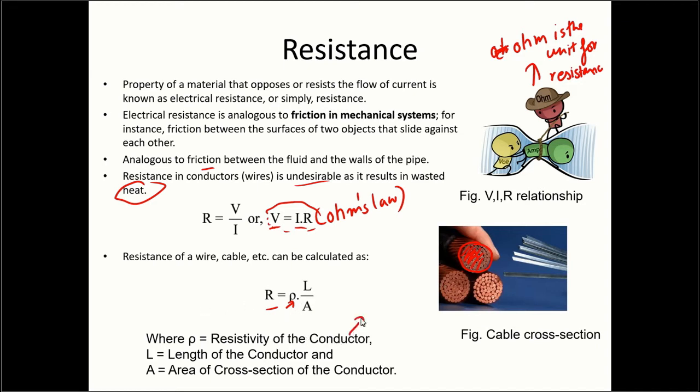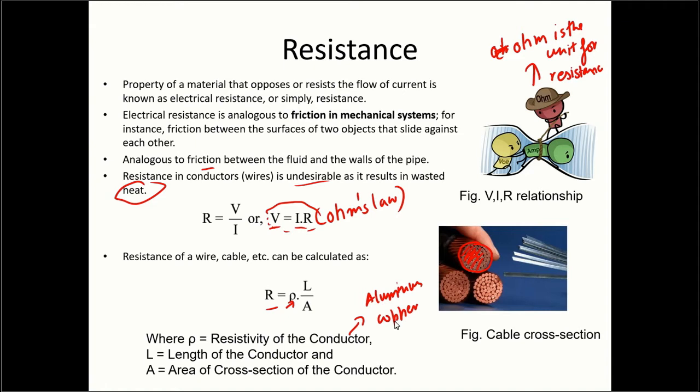Typically, conductors are made up of aluminum, copper, and silver. Even though it's expensive, silver has better conductor properties, but it's just too expensive, so anyone would not want to use silver as a material for conductors, but silver usually has a very low resistivity.